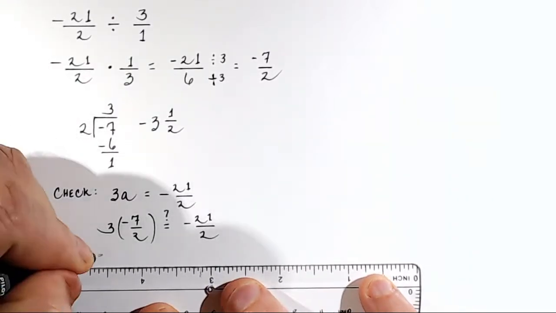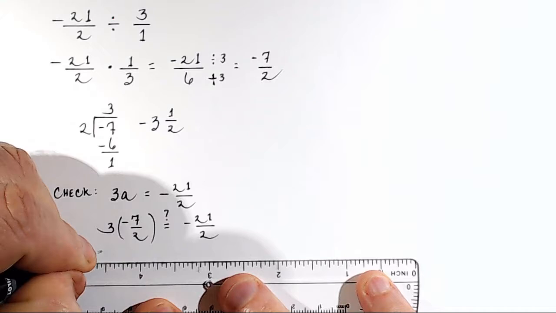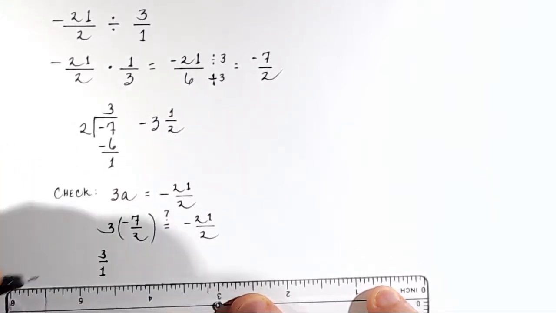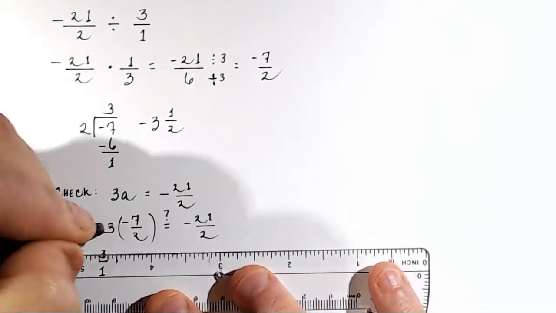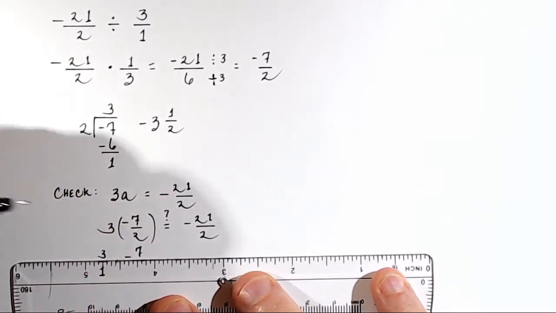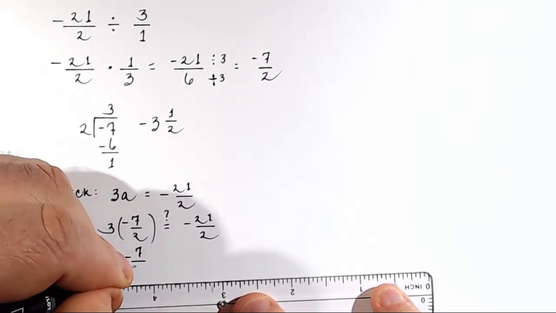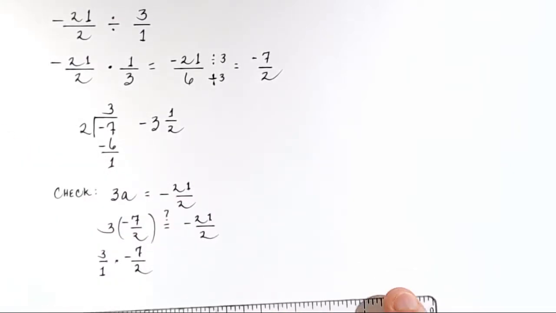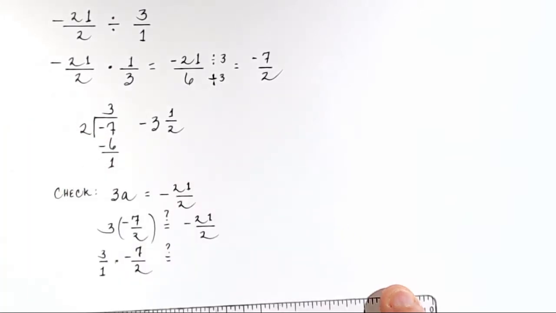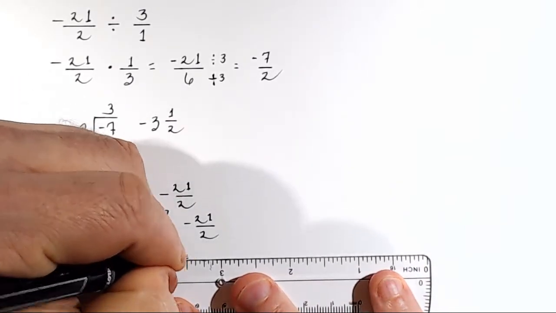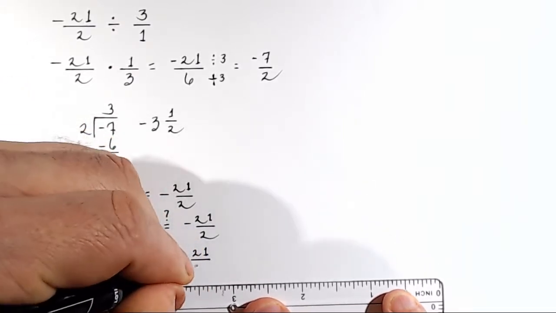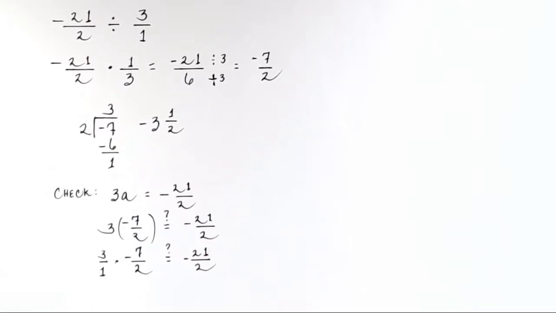So we'll rewrite the left side as 3 over 1 times negative 7 over 2 equals question mark negative 21 over 2, because we're trying to find out if these things equal one another.